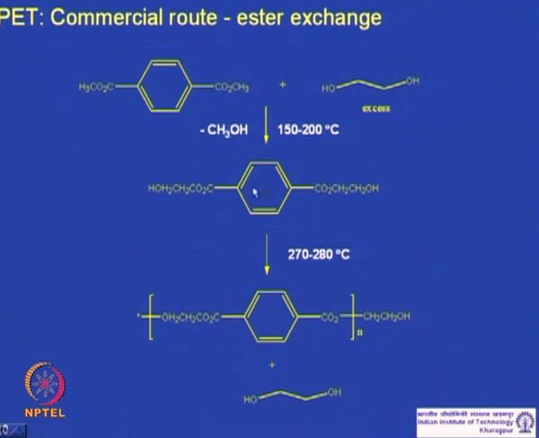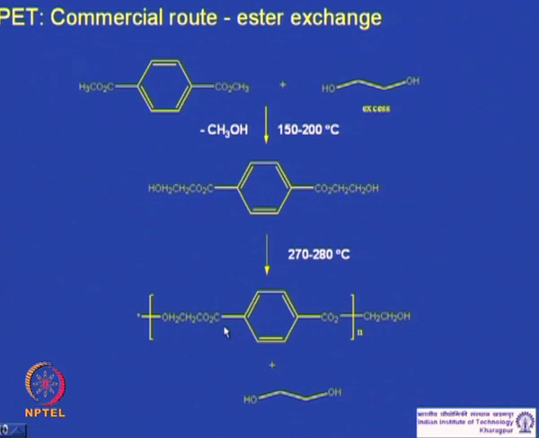So, between two of these molecules ester exchange happens, and as you take out this ethylene glycol from the polymerization medium, the polymer starts growing slowly.